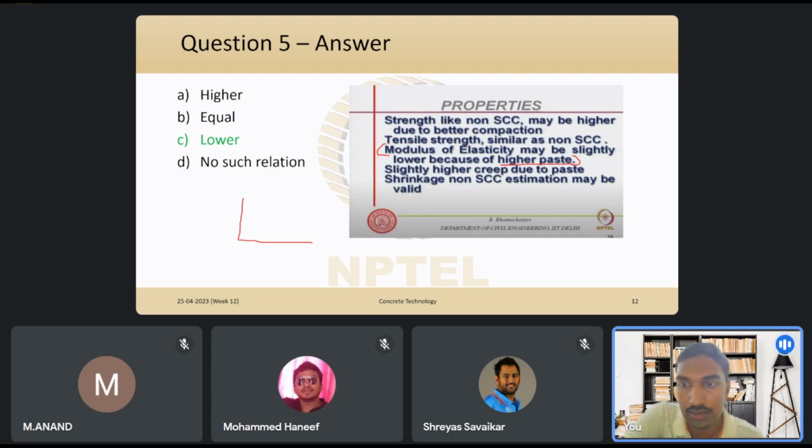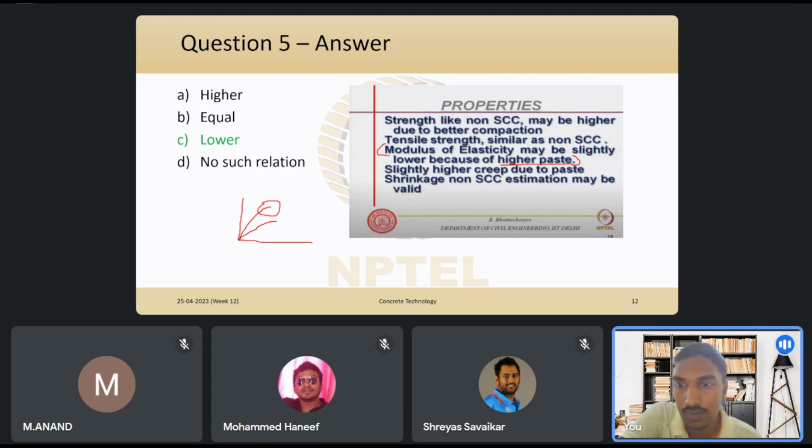If you look at the stress-strain relationship, the modulus of elasticity of aggregate will be something like that, and for your paste it will be somewhat lower, right? So the aggregate is the strongest component out of the different phases in your concrete. When you reduce your coarse aggregate content, what will happen? It will increase your paste content, so your concrete modulus of elasticity will also come down, right?